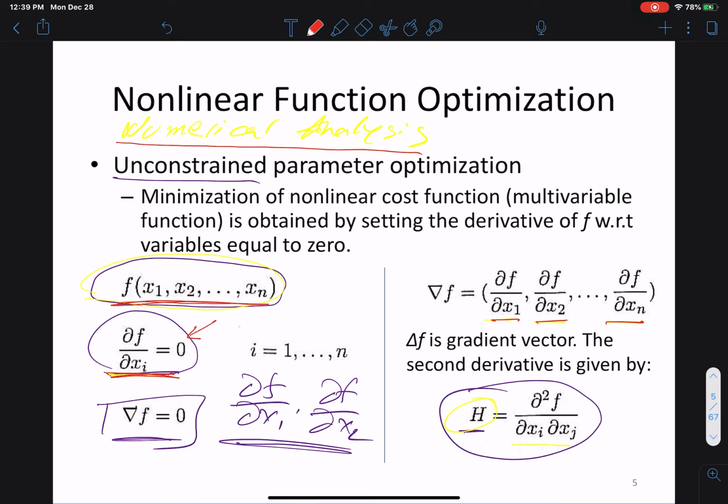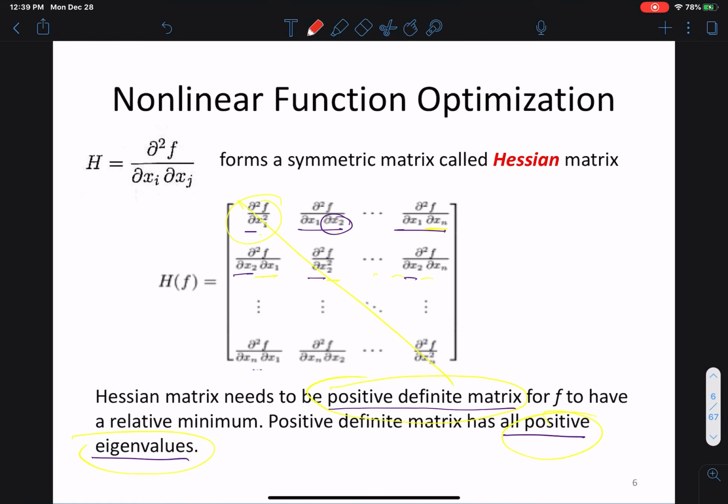But to be sure that we have a minimum value, we need to take a second derivative, right, and form a matrix, and that is called the Hessian matrix. If that matrix is a positive definite matrix, then we have a minimum value. So this is the Hessian matrix over here. The Hessian matrix is symmetric.